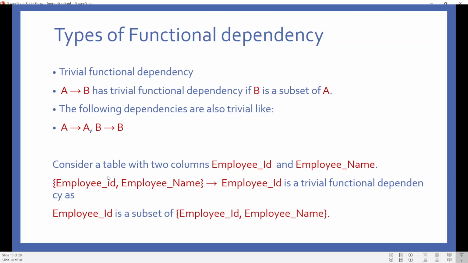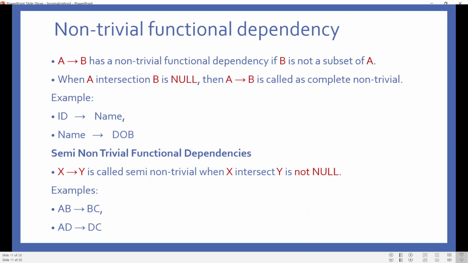The right hand side is a subset of the left hand side. The left hand side is employee ID and employee name, and the right hand side is employee ID. Employee ID can easily be determined if you know the combination of employee ID and employee name, because employee ID is already present there. So this is a trivial functional dependency because it is a subset.